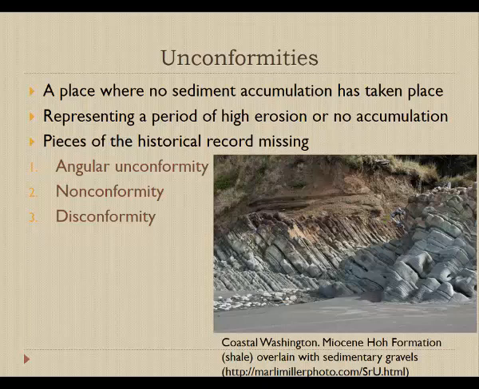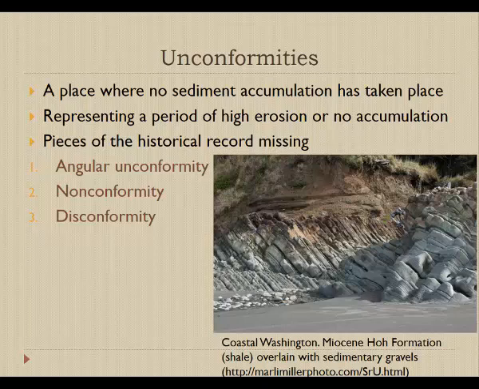And then on top of that, we see layers that are oriented in a different direction, these sedimentary gravel layers. And because the orientation of the layers on top is so different than the layers below, we know there must have been some significant period in between the time that the layers on the bottom were accumulating compared to the time that the layers on the top were accumulating.